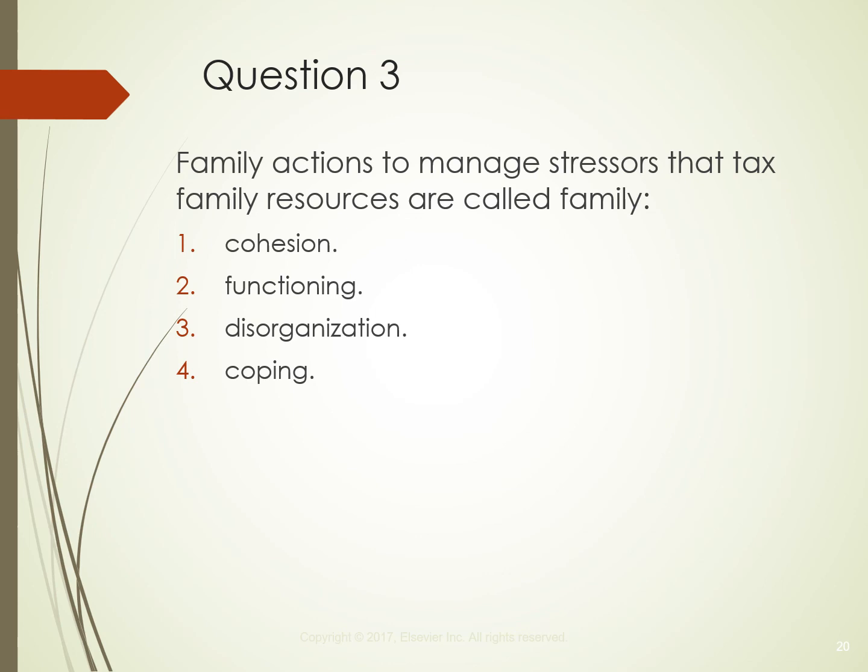Family coping. Family will manage stressors that tax family resources, and indicators of family coping include confronting family problems, involving family members in decision making, using family-centered stress reduction activity and seeking family assistance when appropriate.